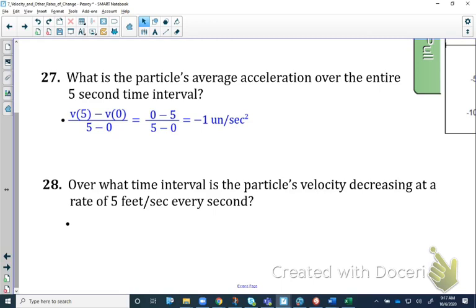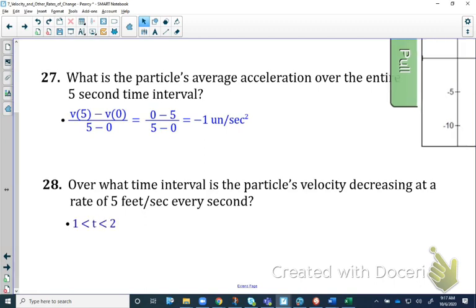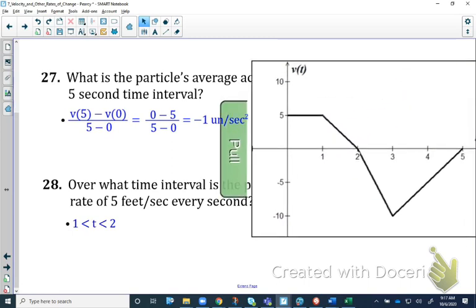28, over what time interval is the particle's velocity decreasing at a rate of 5 feet per second? So here, maybe this is why I keep thinking feet per second, because here they're giving me some kind of units now.